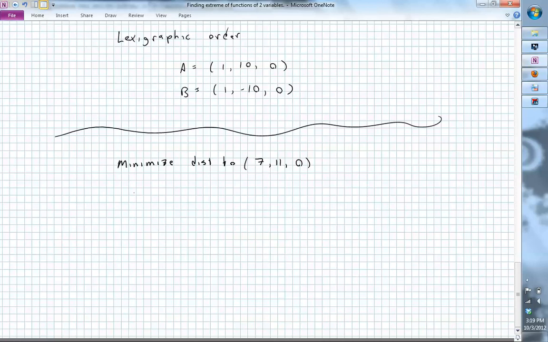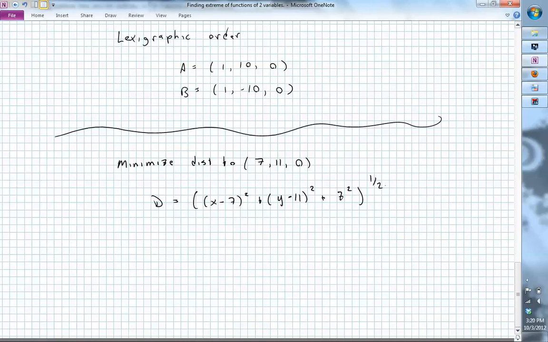Well, if I'm a point x, y, z, for example, how far am I from 7, 11, 0? How do I figure that out? Distance formula, right. So I'm going to call that capital D, even though I've used capital D in other places. And that would be something like the square root of x minus 7 squared plus y minus 11 squared plus z squared.